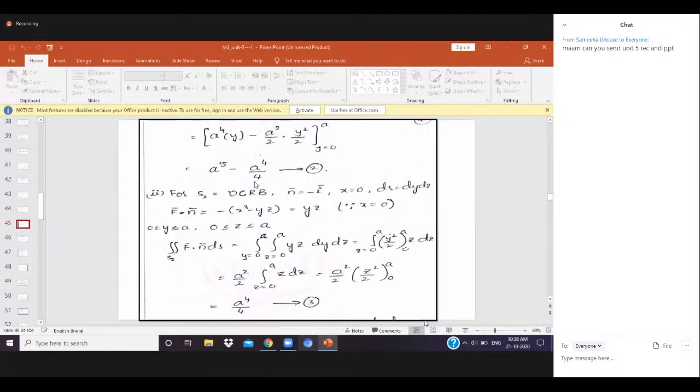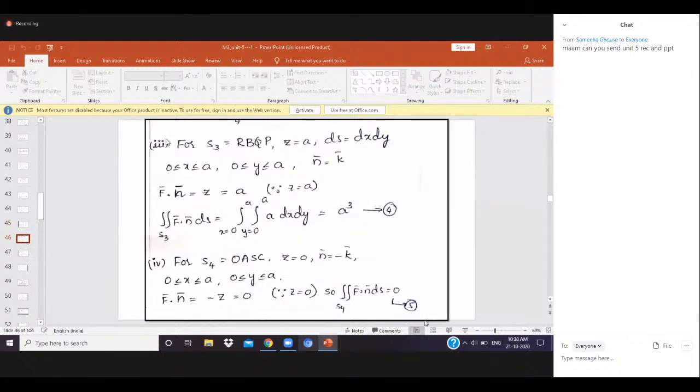For surface 1 we got a power 5 minus a power 4 by 4. For surface 2, f bar dot n bar becomes yz, since x equals 0 means the x cube term is 0, minus yz. So minus of minus becomes plus yz. Evaluating this we get a power 4 by 4.